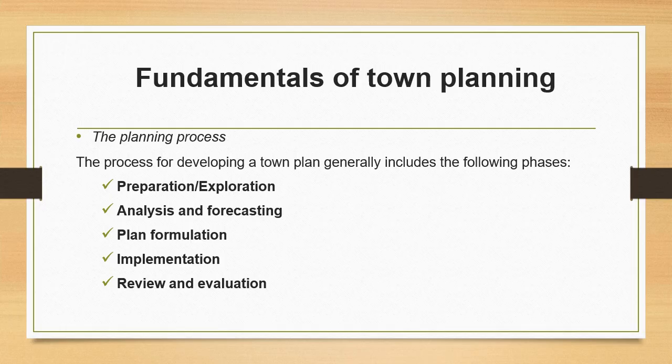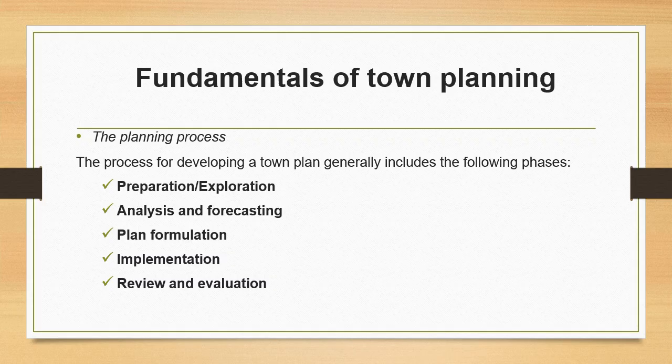Second one is analysis and forecasting. That is analyzing the data collected to understand the area's trends and projecting future needs such as population growth, employment, and housing. Third, plan formulation, that is developing multiple alternative concepts for the area's growth and land use. This involves engaging stakeholders and the public to ensure the final vision reflects community needs.